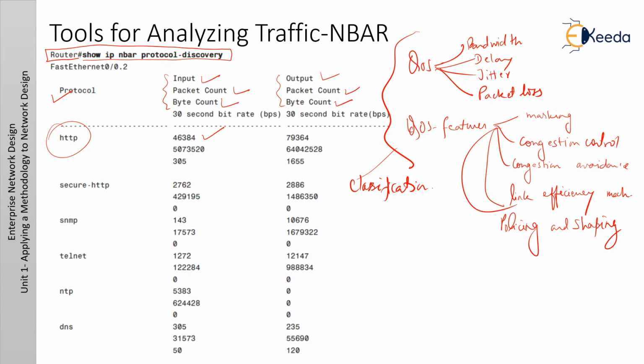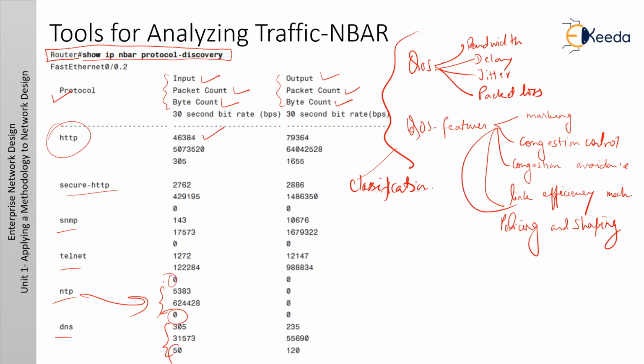So the default output of this command includes the 30-second average bitrate in bits per second, input byte count, input packet count and protocol names. So this is secure HTTP, SNMP, Telnet, NTP, and DNS. Here you can see what the things associated with NTP are. This 0 indicates the number of byte count. This 50 indicates the number of byte count.